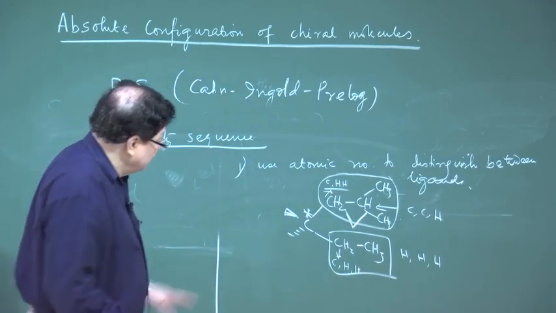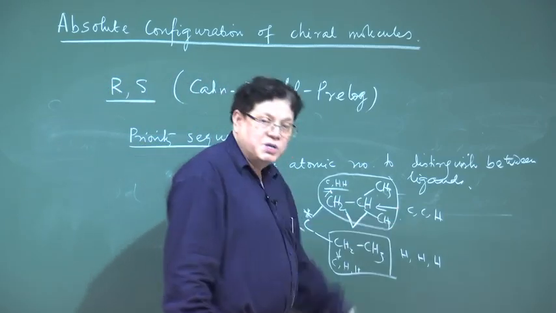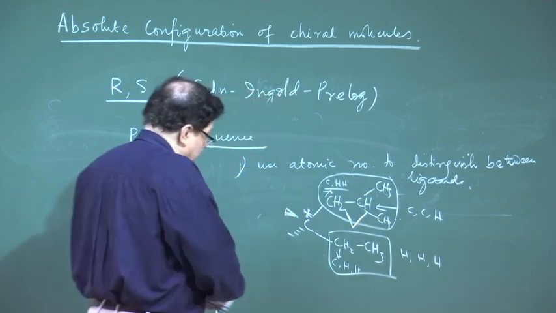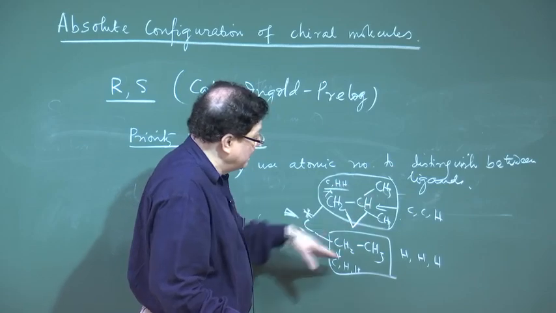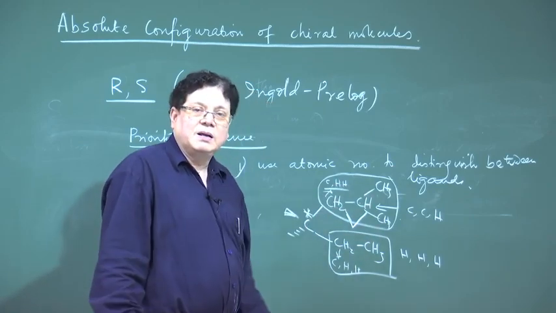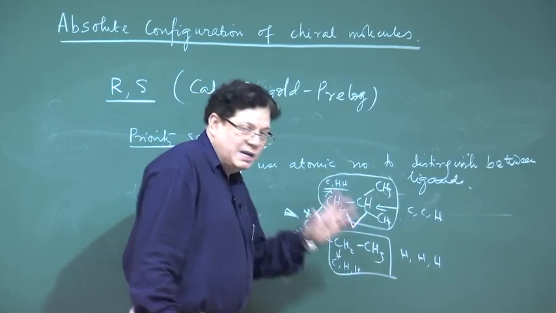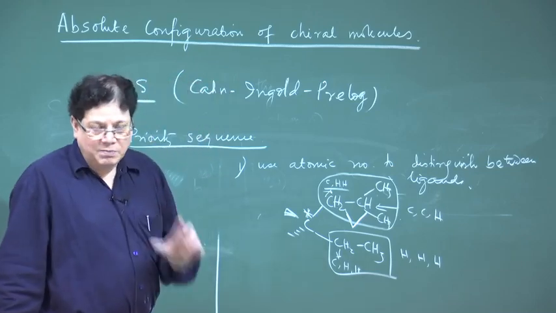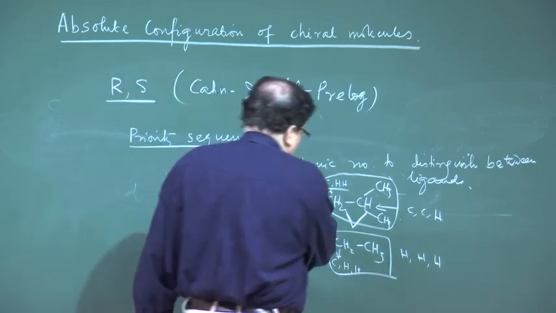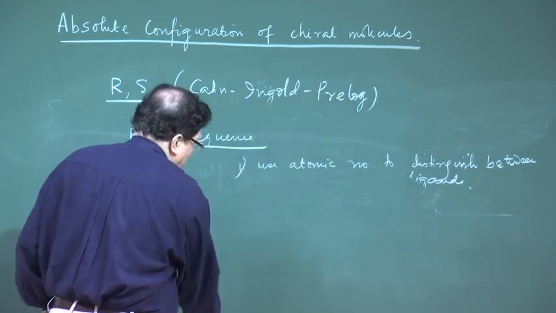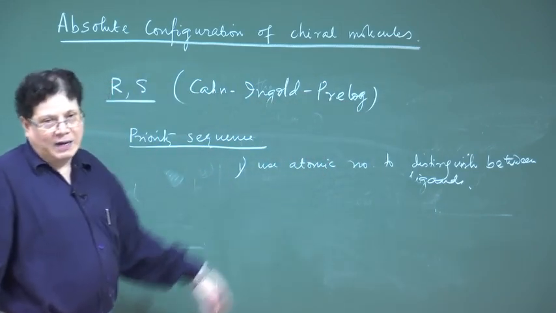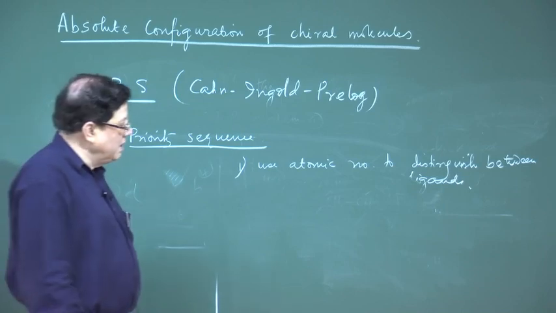Now, this type of work you have to continue in many cases. In many cases, you have to continue going away from the stereogenic center to find a difference. Okay. Once you find a difference, then you stop and then assign the priority. So, you use the atomic number as the criteria to do the discrimination.